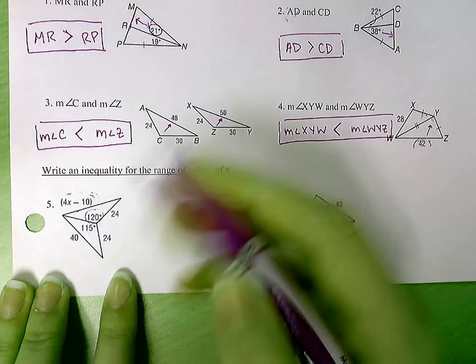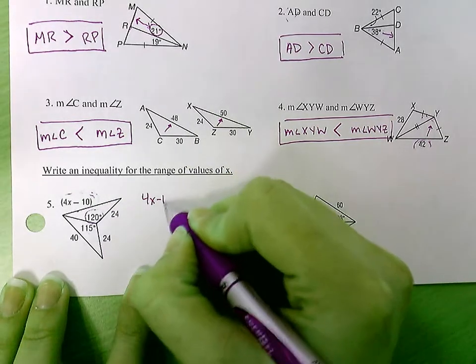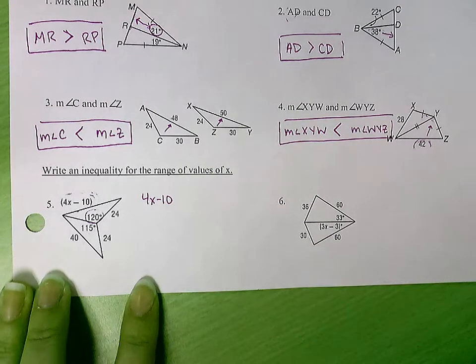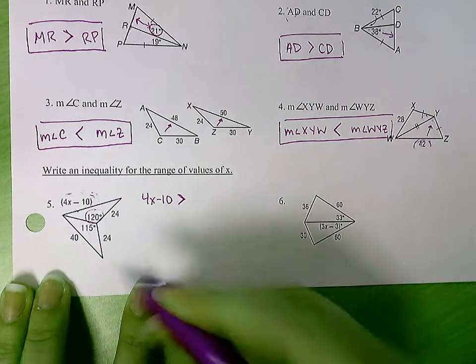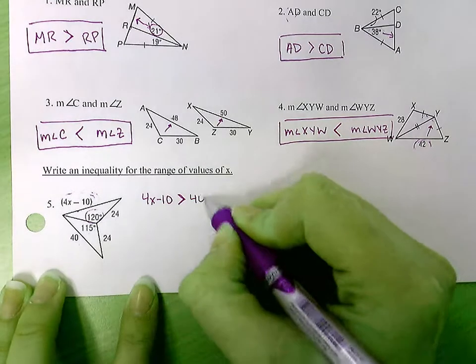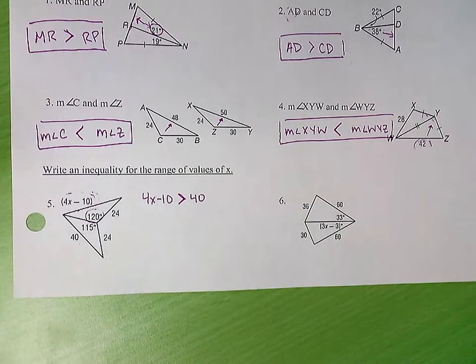Okay, so I can write out 4x minus 10. That side has to be greater than 40, which is opposite that angle of 115. Okay, does that make sense? So now that I wrote out this inequality, I can solve for x.